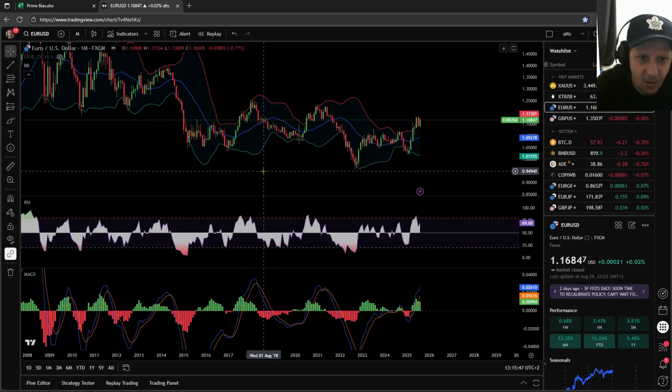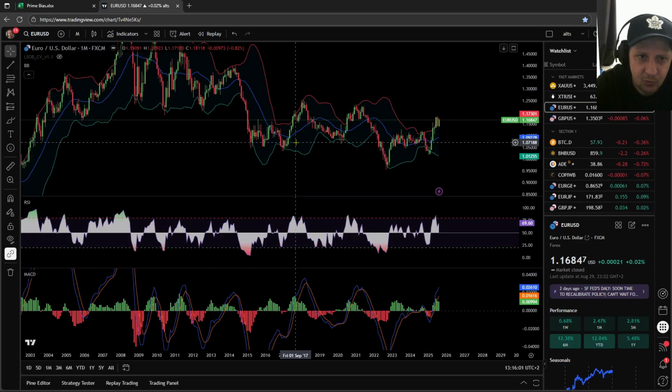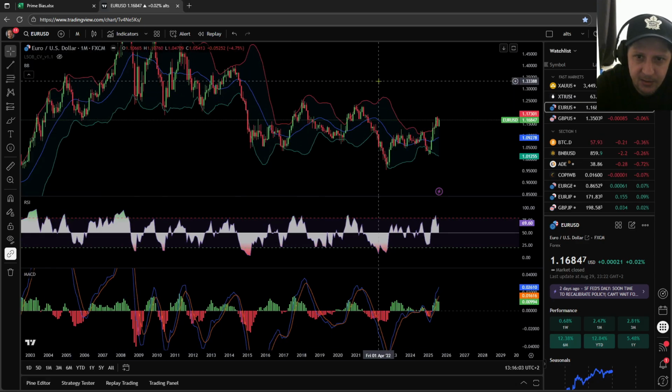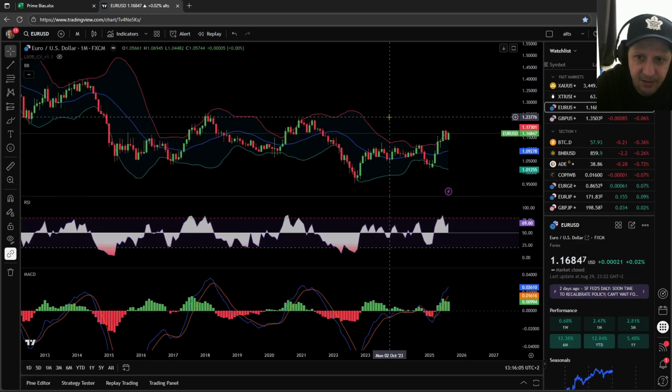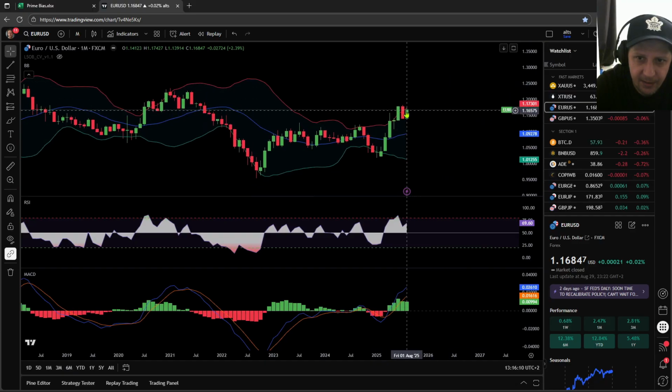So what I do is I have a clean chart. I have the Bollinger Bands, I have the RSI and the MACD. So what I will do first is go into the monthly chart, then I check the latest close.